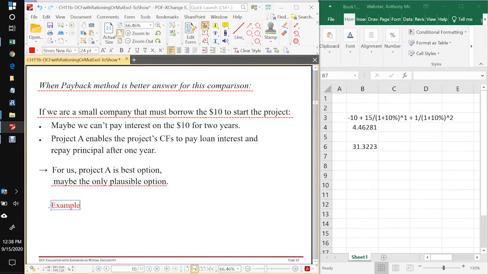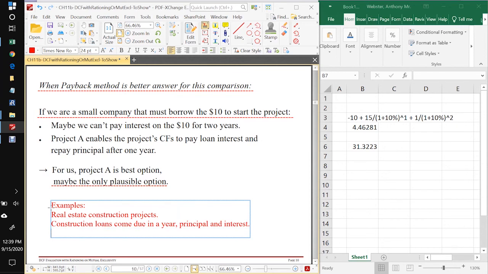So examples would be something like real estate construction projects. Consider a project where you get a construction loan. Okay, so typically you get a construction loan, you don't pay any interest on it because the property you're building isn't generating any cash flow, and the loan comes due in, say, a year.